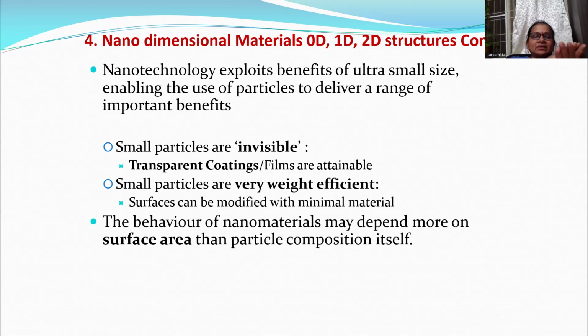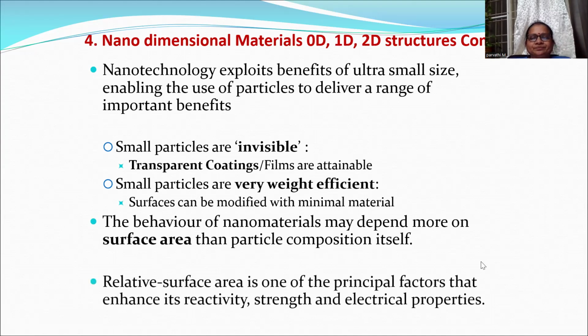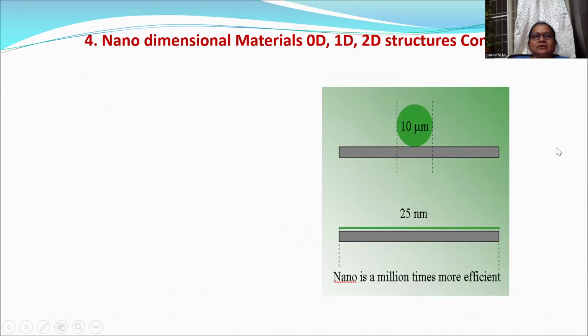Because the surface layer is more active compared to the bulk inside, in nanomaterials the particles are available on the surface. Now, coming to the next slide: relative to surface area, it is one of the principal factors that enhance reactivity, strength, and electrical properties.